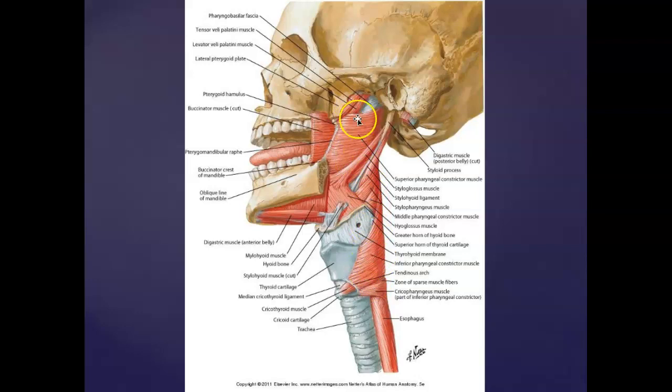The superior pharyngeal constrictors come together in the back. All of them really come together right in the back at a midline raphe on the back side. But the superior one arises right off of this pterygomandibular raphe right here, and then comes backwards and together at that midline raphe in the back.